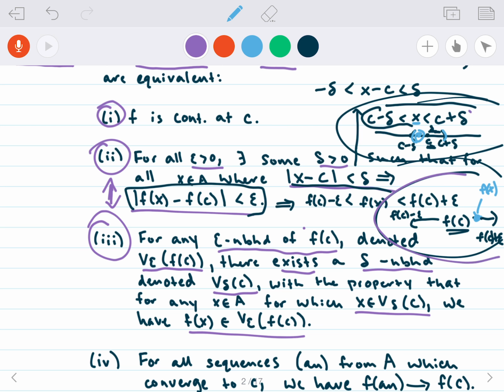And we can see that is exactly what we have in our picture here, just from using what it means to take the absolute value. Okay, so those two are equivalent.